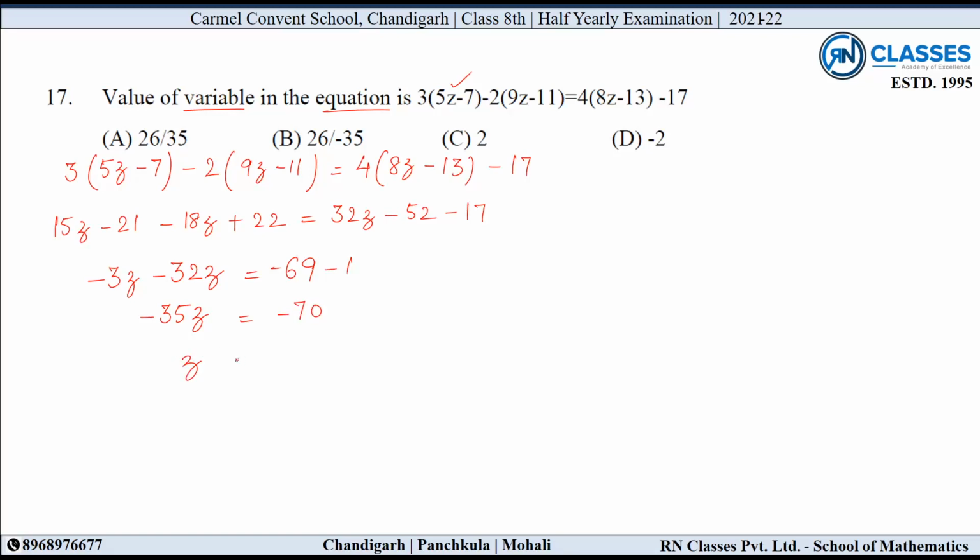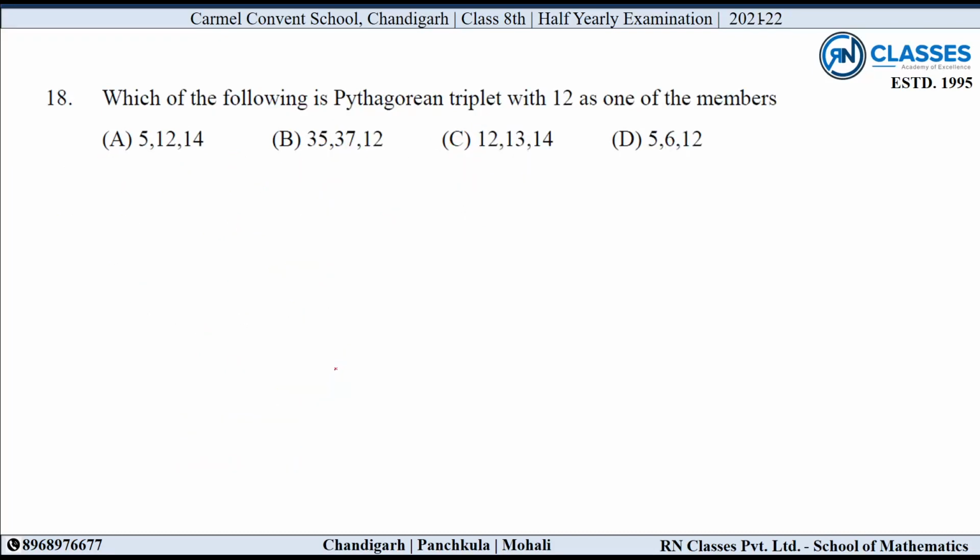So z is equal to minus 70 by minus 35. Right? So z is equal to 35 ones are 35 2 times. So minus into minus plus means z is equal to 2. Z is equal to 2. Answer is 2. C part. Right? Moving on to question number 18.